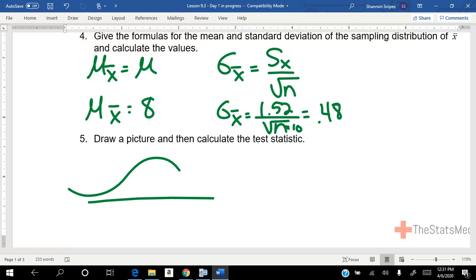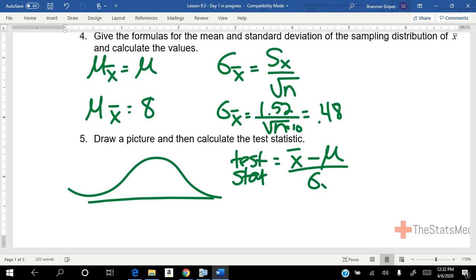Draw a picture and calculate the test statistic. We said the sampling distribution follows the normal curve. So our test statistic is, remember how it's your statistic, x bar, minus the parameter, mu, divided by the standard deviation of the sampling distribution. Just like when we did confidence intervals for means, our test statistic here is going to be t. T is the test statistic that we will be using when calculating the p-value.